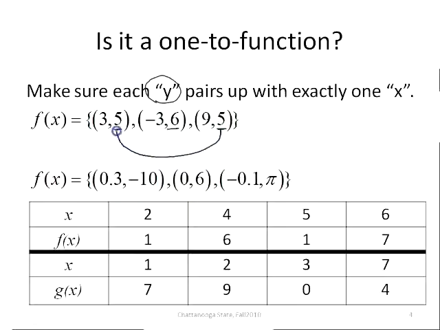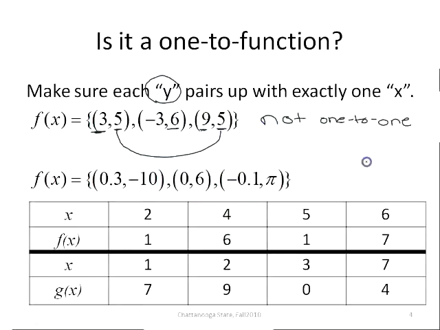Since these y values are equal, I have to look at the x values that go with them. Here I have an x of 9, and here I have an x of 3. So because these two x values are different, we say that this function is not one-to-one. Sometimes you'll read in textbooks that one-to-one, another way to say that is invertible.